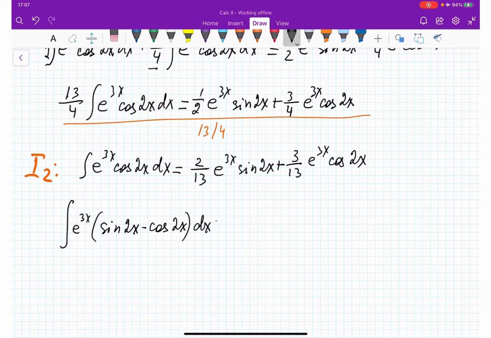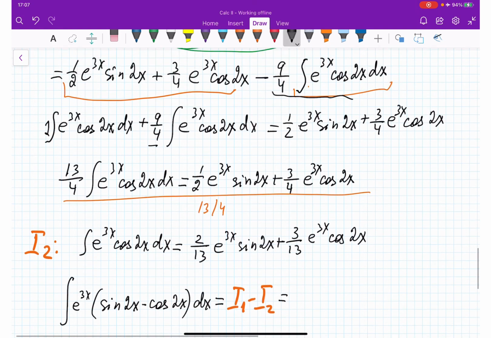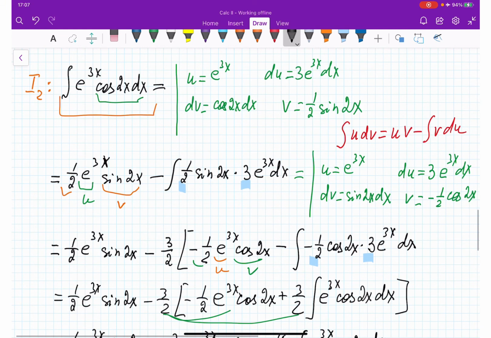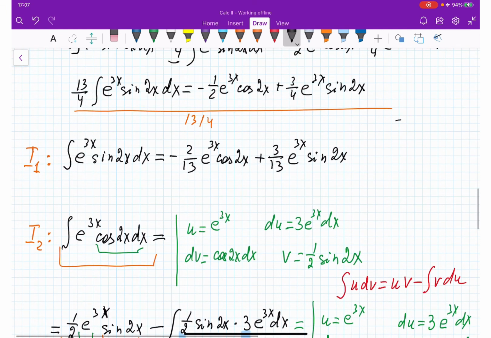Remember, we wrote it was equal to I1 minus I2, and my I1, this whole expression, is negative 2/13 e to the power 3x cosine 2x plus 3/13 e to the power 3x sine 2x.